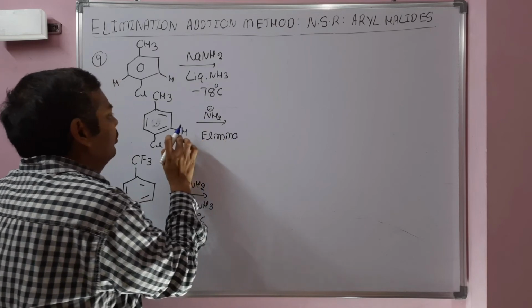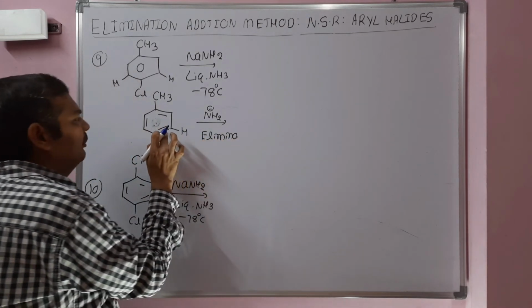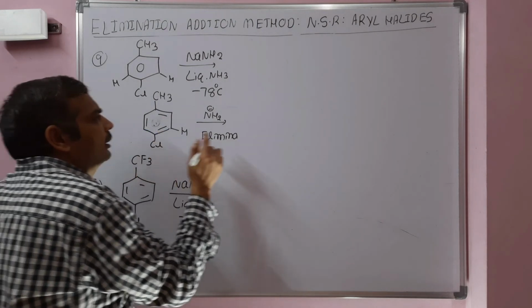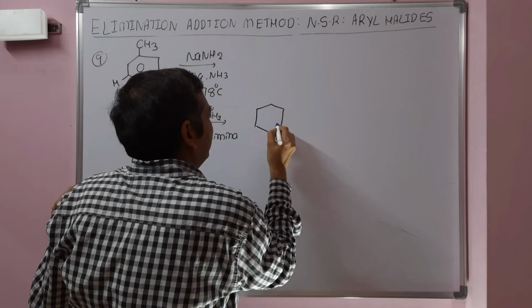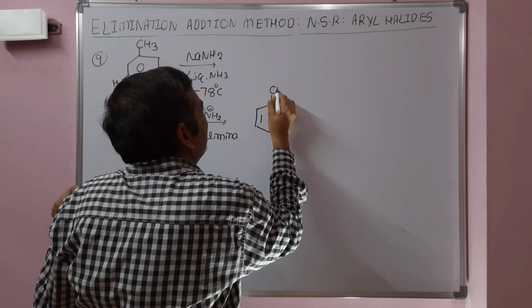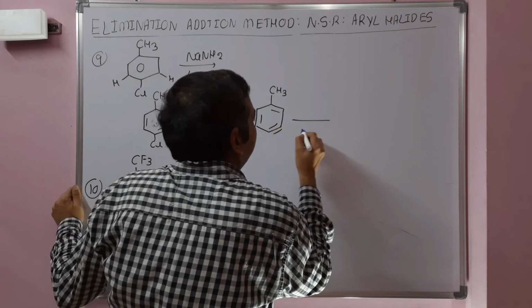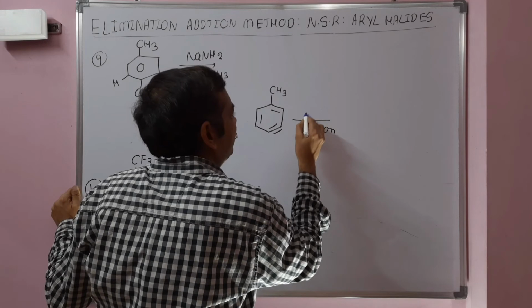The base abstracts a proton, either of the protons. Both are the same, so the benzyne may form in this direction or here, both are same. The benzyne that is obtained, I am writing this side since both benzynes are same. After that, addition reaction with NH2 minus.